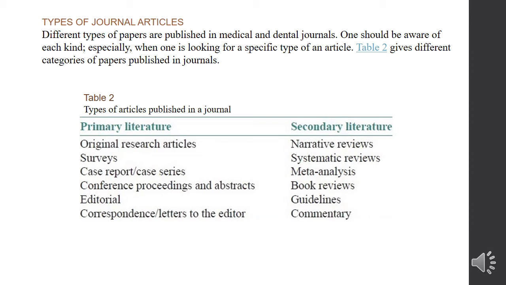The first one is the primary literature, which includes original research articles, surveys, case reports or case series, conference proceedings and abstracts, editorials, and correspondence or letters to the editor. And the second group is secondary literature. They consist of narrative reviews, systematic reviews, meta-analyses, book reviews, guidelines, and commentary.